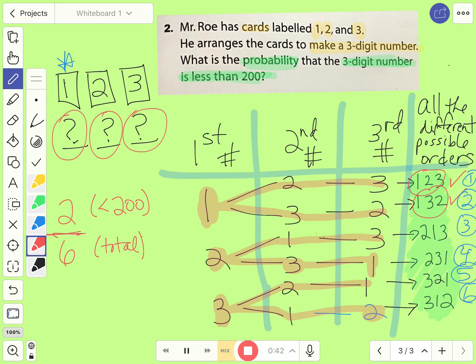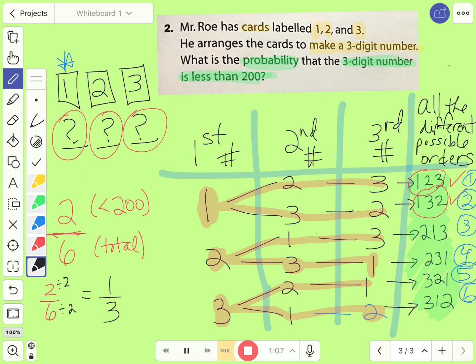As I pointed out in our meetings this week, it's important for us to reduce our fractions. So I ask myself, is there a number that divides equally into 2 and into 6? And the answer is yes, there's a 2. So using equivalent fractions, I come up with a final probability of 1 out of 3.